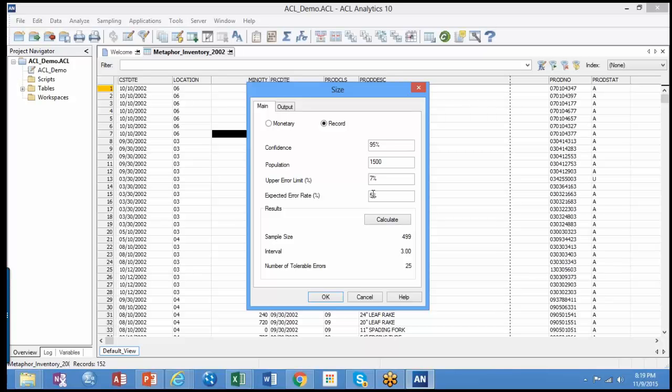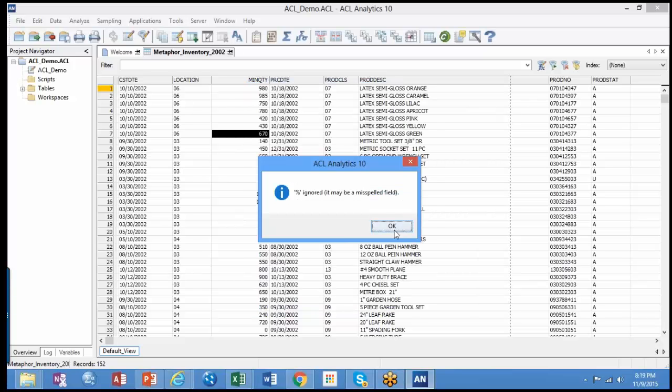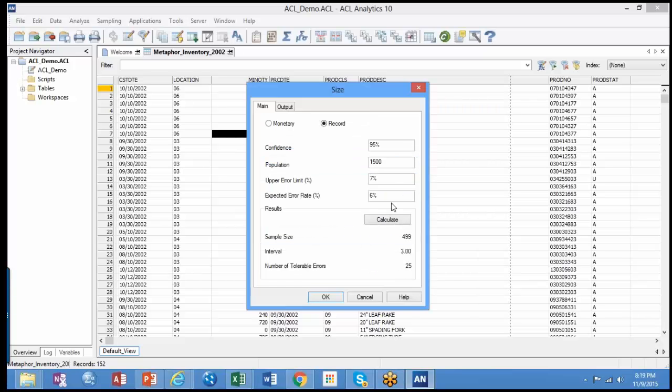Okay, we increase this to 6%. Let's see if this works. It's not going to work here. So the precision, you get closer than 2%, it's not going to work. Okay, but again, if we have 7% here and down here we have, say, 3%, you notice how the sample size decreases.